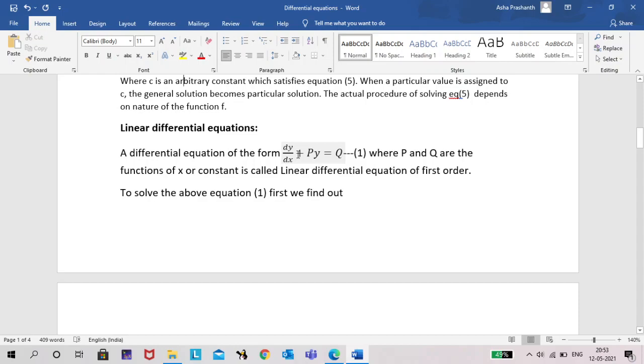After that, you find the integrating factor using e to the power of integration of p dx. Then you go for the general solution: y times the integrating factor is equal to the integration of q times the integrating factor dx plus the integration constant. Very simple method. This chapter carries 19 marks.